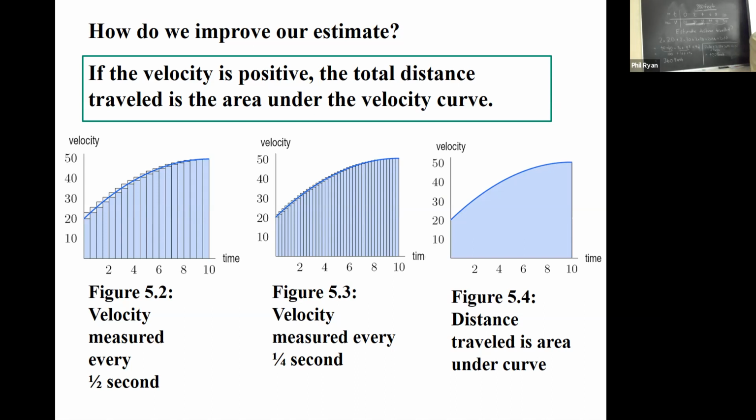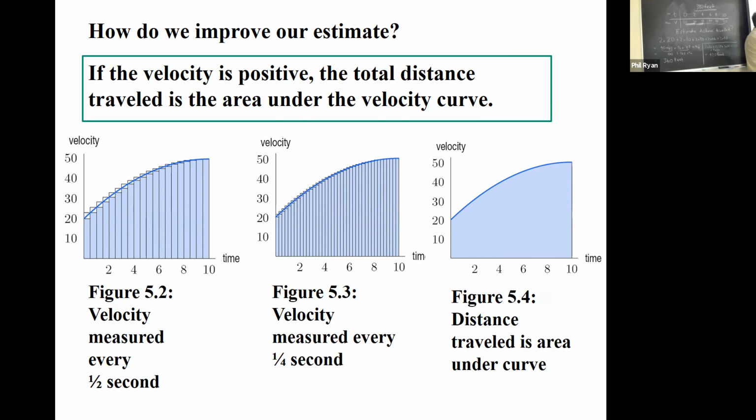Remember, what we came up with before was just to use smaller intervals. The reason why that worked was that when you took smaller intervals, the curve would look more and more like a straight line. And so when you do rise over run, you were getting a better and better answer because the curve is looking straighter and straighter.